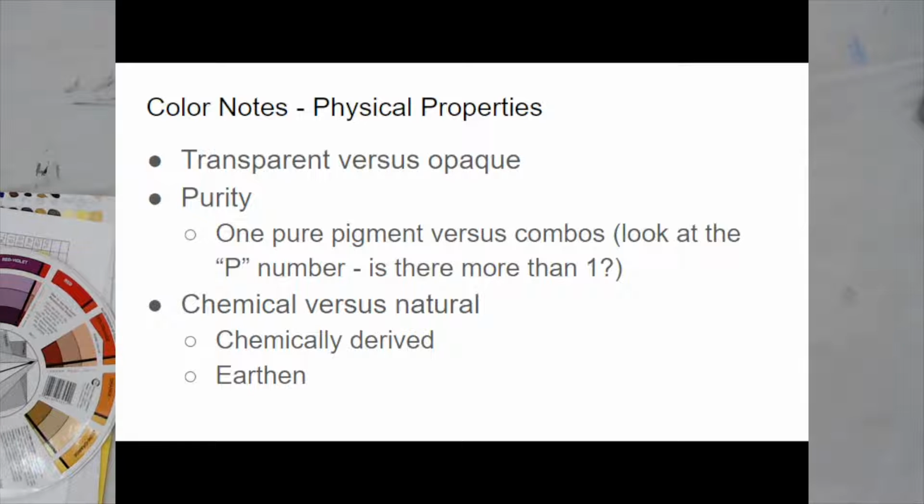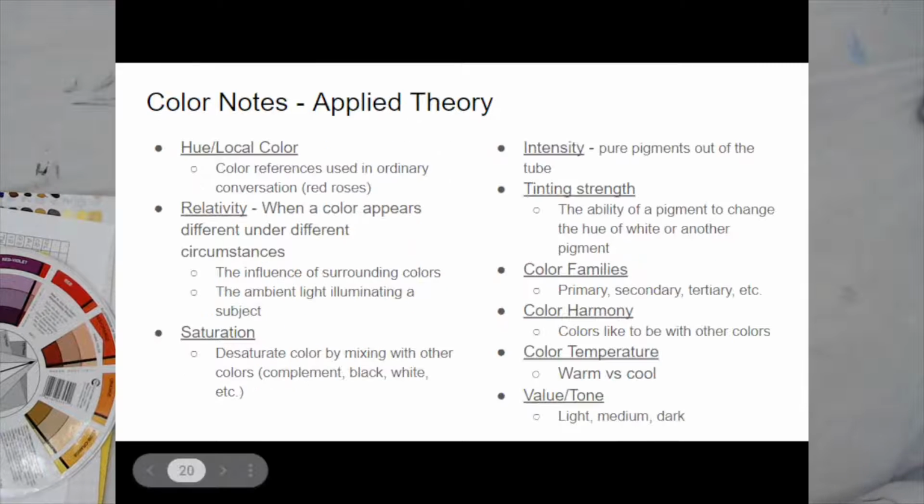Chemical versus natural. Some pigments are chemically derived, others are earthen. Your yellow ochres, bone black, burnt sienna, those are more your earth type pigments. And then you have other chemical ones, like your phthalo blues, phthalo greens, your quinacridone colors. Those are all more chemically derived pigments.